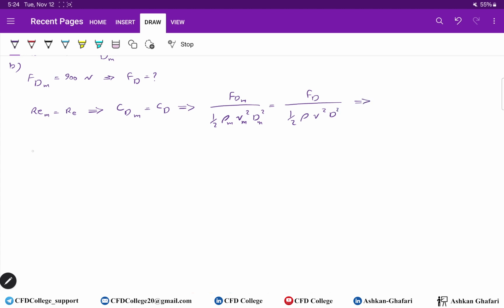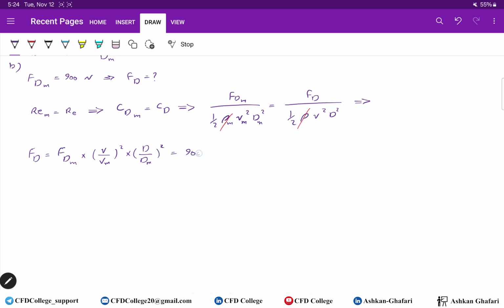And from this we can find Fd, and we know that the densities are the same. So Fd equals Fdm times (V over Vm)² times (d over dm)².